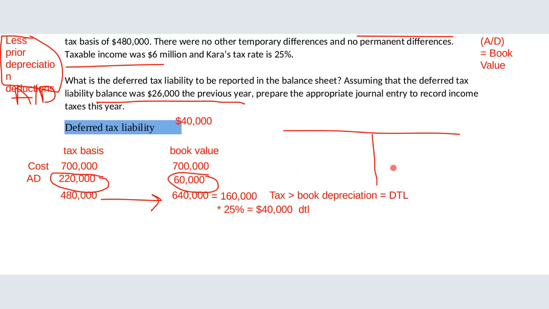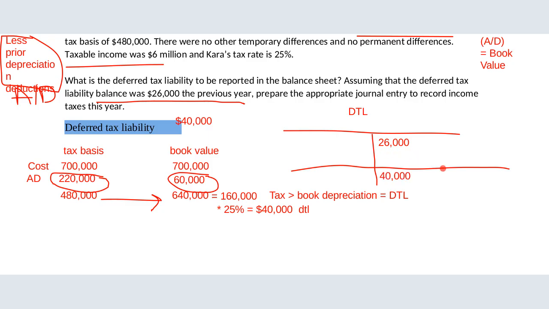So if I had my T account, my beloved T account for our deferred tax liability, with debits and credits, and we have a beginning balance in this account of 26,000, and the ending balance is supposed to be 40,000.